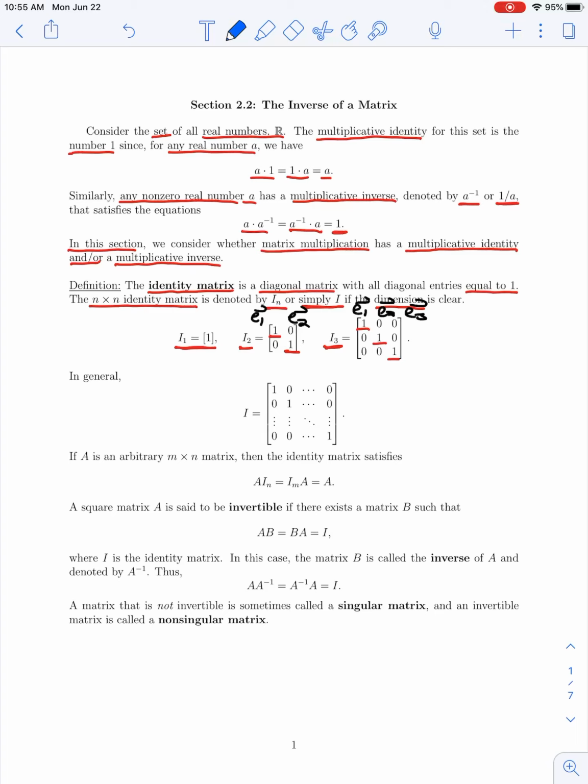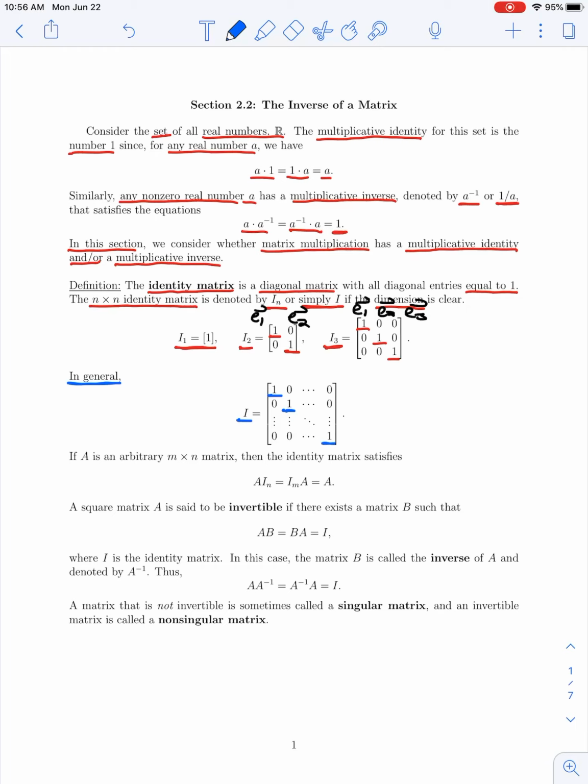More generally, if we want to define an identity matrix of general dimension, it would be the matrix I, which is a diagonal matrix with 1s on the main diagonal and 0s for all other entries. If we need to be specific, we can use the subscript notation to denote what the size of our identity matrix is.